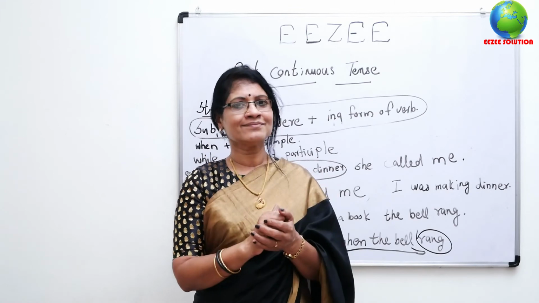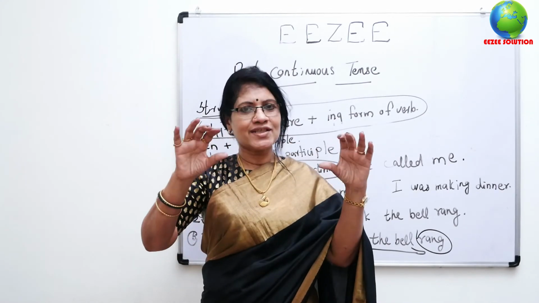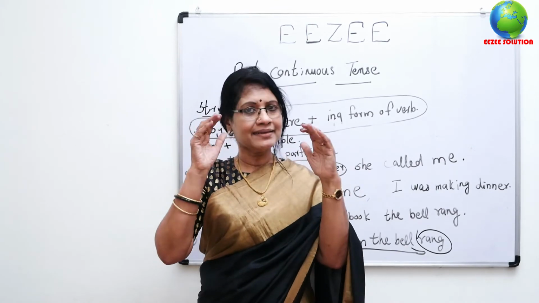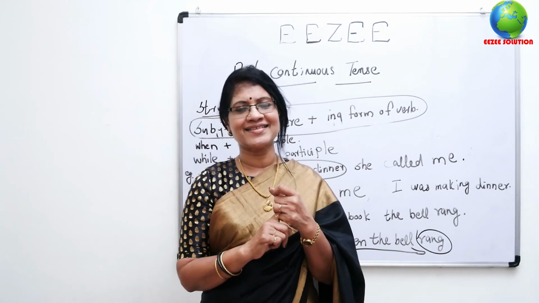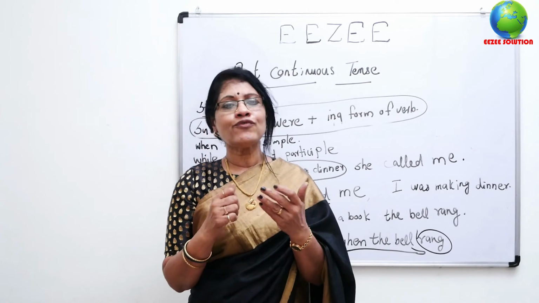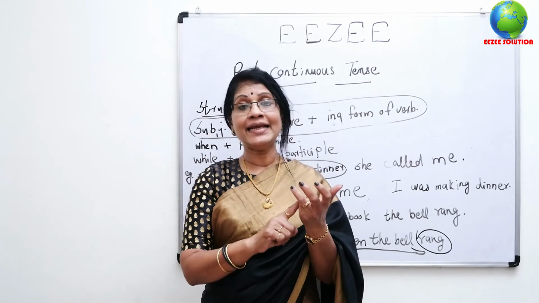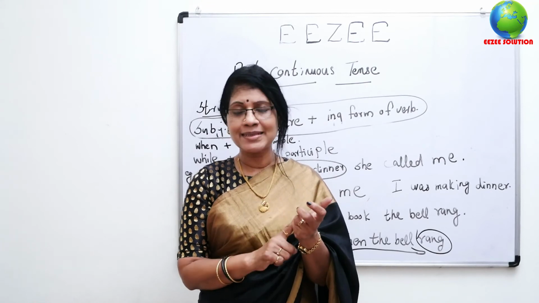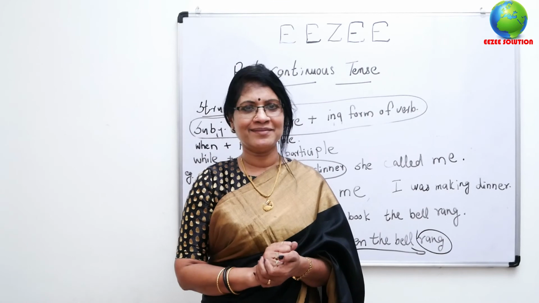Then another one, that is parallel actions. Two actions going on at the same time in the past. For that also we can use past continuous tense. Then today we discussed the use of when and while. When is used with the past simple and while is used with the present participle.